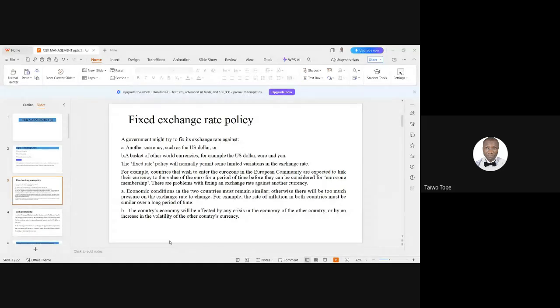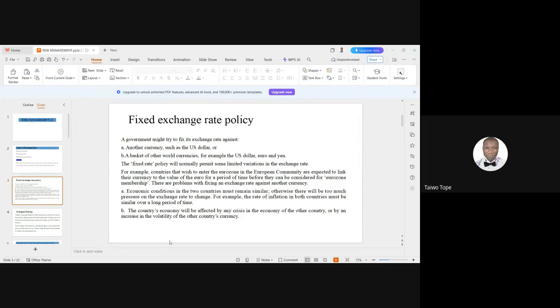So to have stability in the exchange rate, government buy foreign exchange when there is depreciation in a particular country's currency, and when the country's currency appreciates, they sell the foreign currency. It's just like a way in which the central bank control commercial bank.